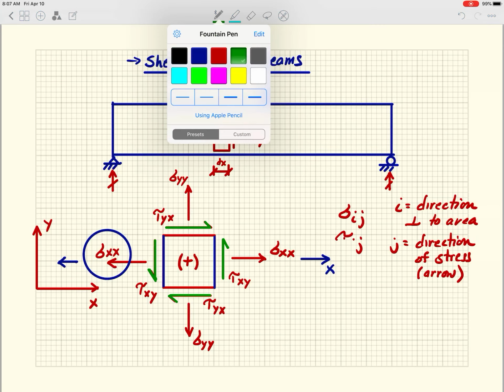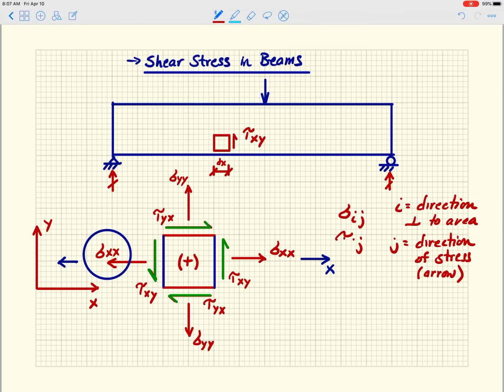So moment equilibrium gives us, so I will write this, if I sum the moments, it doesn't matter about what point, you will get that tau xy equals tau yx. So this is really important. What this is saying is that the horizontal shear stress and the vertical shear stress at any point have to be the same. And you'll see in your book, they pretty much don't talk about tau yx. Everything is tau xy.